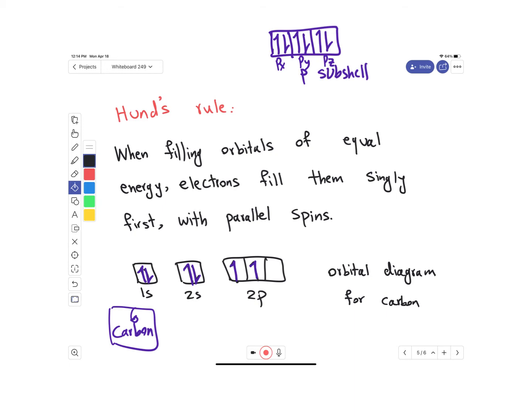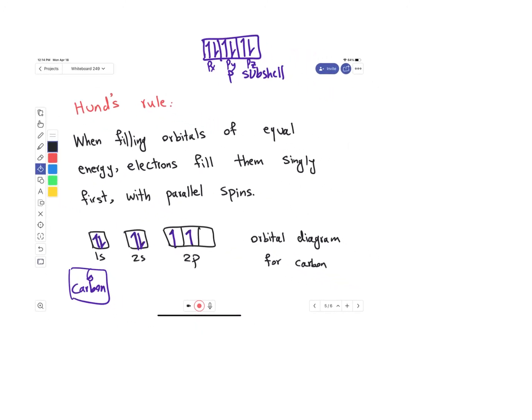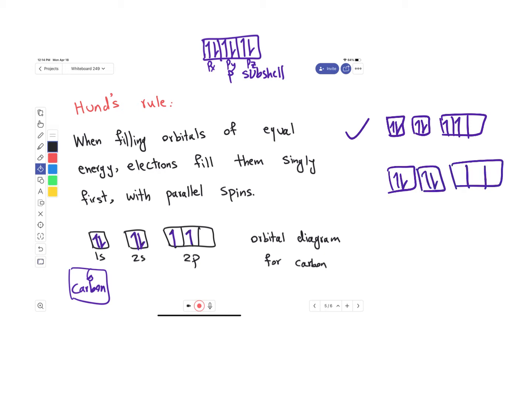So if I give you this in the exam, and I say which one is the orbital diagram of carbon, and then one of the options is like this, which is the correct one, and then the other would be like this. Is this correct or false? False, right?